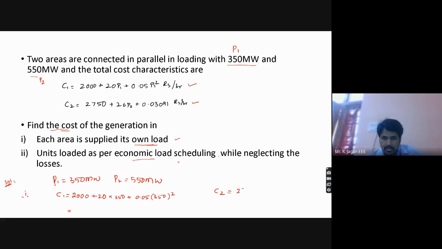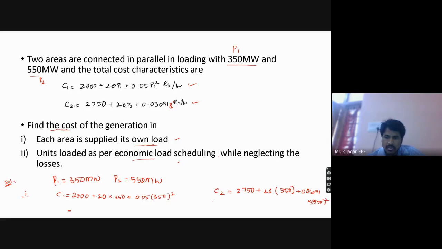Next, in the same manner, C2: 2750 plus 26 into 550 megawatts plus 0.03091 into P2 square, that is 550 whole square.